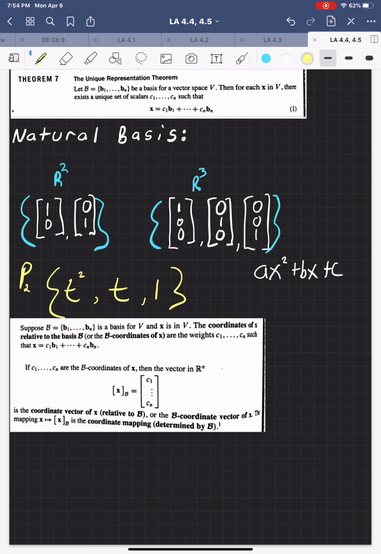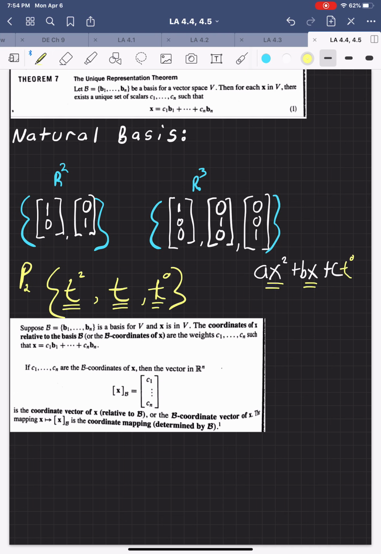Don't you see the t squared, the t, which is the x, and the 1? You can think about that as 1 times t to the power of 0. T to the power of 0 is 1. This is how you would think about the natural basis for that polynomial space of degree 2.